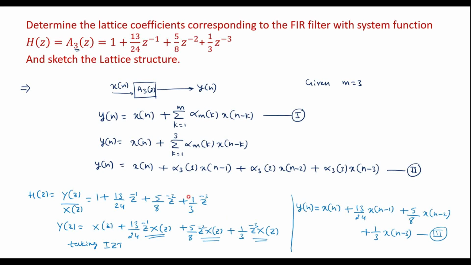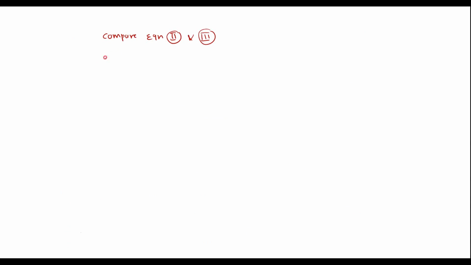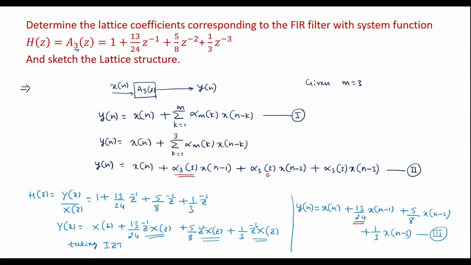So here we can write alpha 3 of 1 is nothing but 13/24. Similarly, the coefficient of x(n minus 2) is alpha 3 of 2, which here is 5/8.